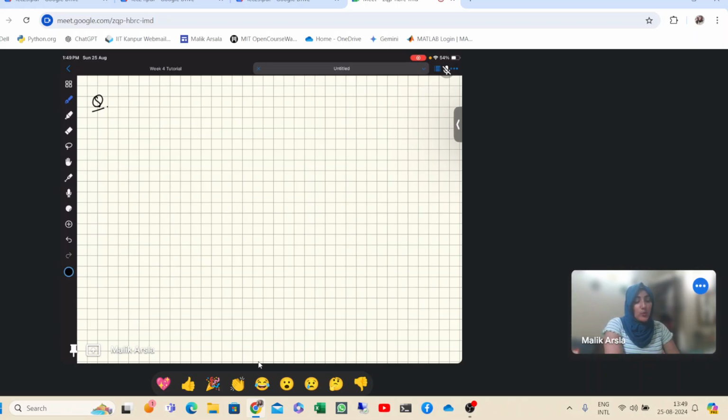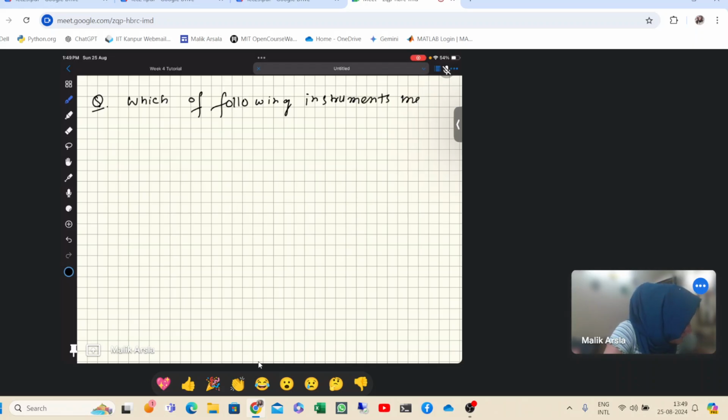Now after that, which of the following instruments measure the frequency of a vibrating body?